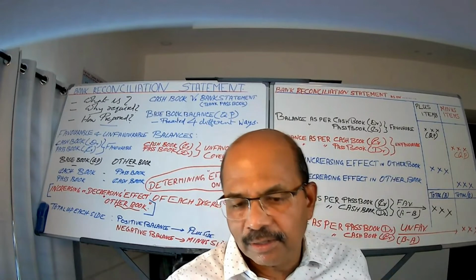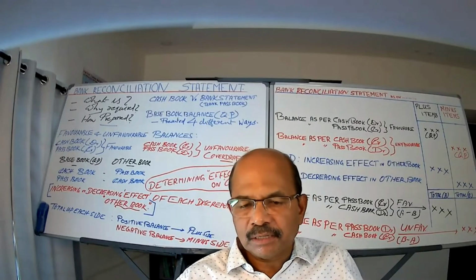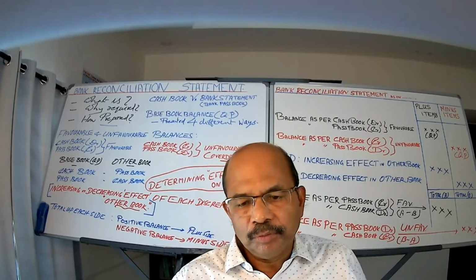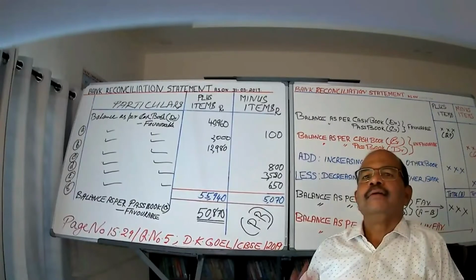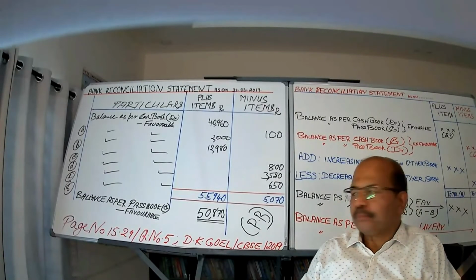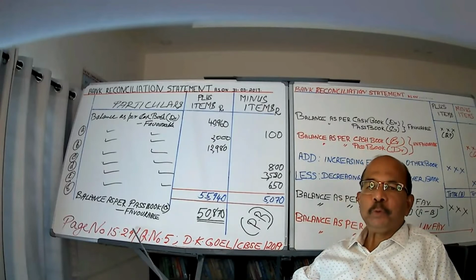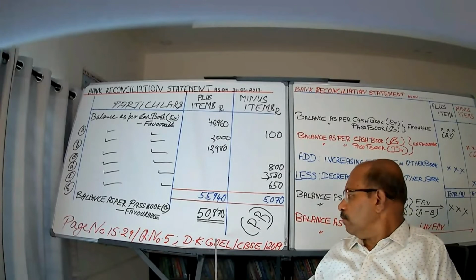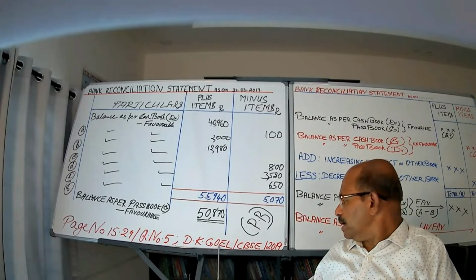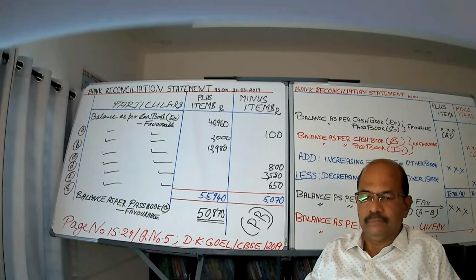That's all. Now let us work out one practical sum so that you will be more thorough. Well, students, the question I'm taking up now is question number 5, page number 1529 of D.K. Goyal, being the author, CBSE 2019.